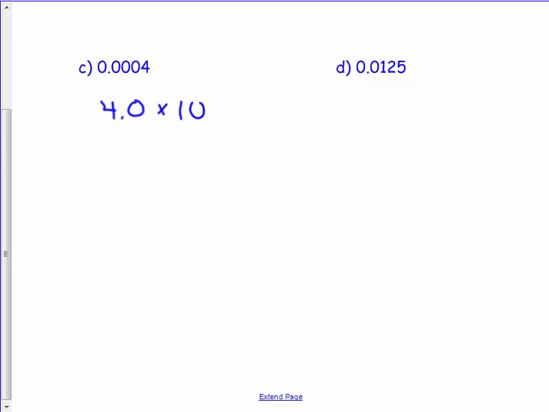So in C, I move it over 4, so it's 4.0 times 10 to the, how many places did I move it? 4. It's going to be negative because I'm moving from 4 to a smaller number. In D, I'm going to put it between the 1 and the 2, 1.25. It's going to be 10 to the negative 2. The negative makes it smaller, so 1.25, making it smaller.